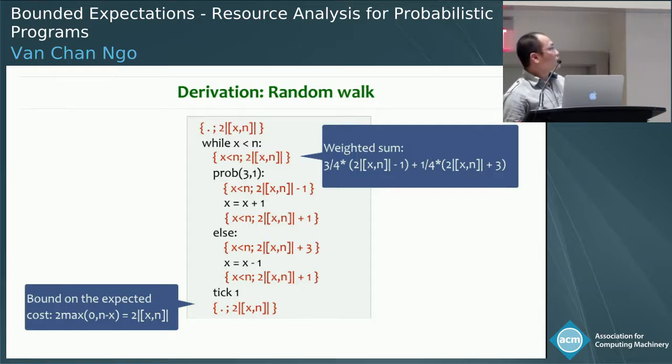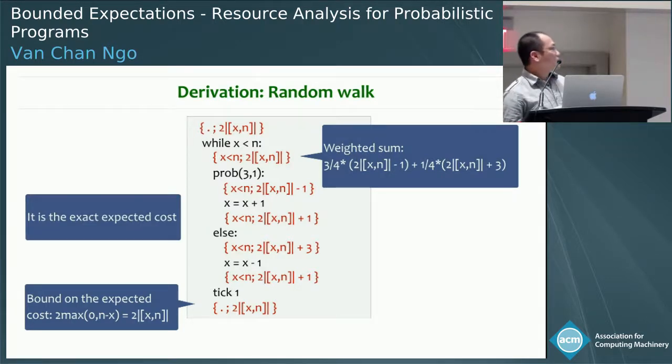Also, because the evaluation of x smaller than n doesn't change the program state, I can use the same potential function here. That means I have a valid loop invariant here. So we can conclude that this is an upper bound on the expected resource usage of this example.